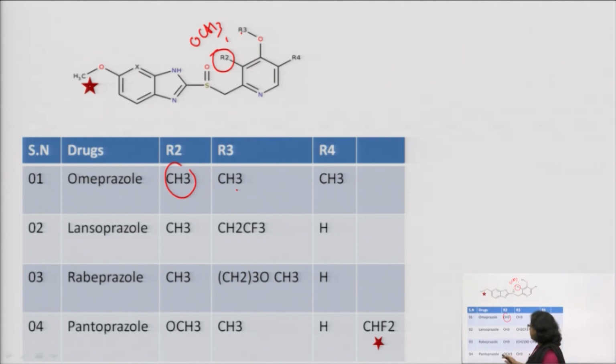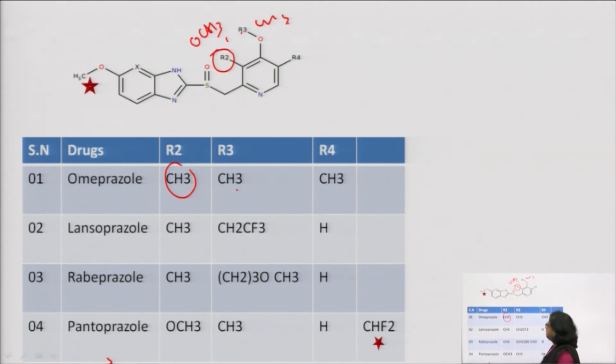Now, R3 here also is methyl group in the case of pantoprazole, but R4 is similarly H. Lansoprazole, rabeprazole, pantoprazole, these 3 drugs contain R4 as H.